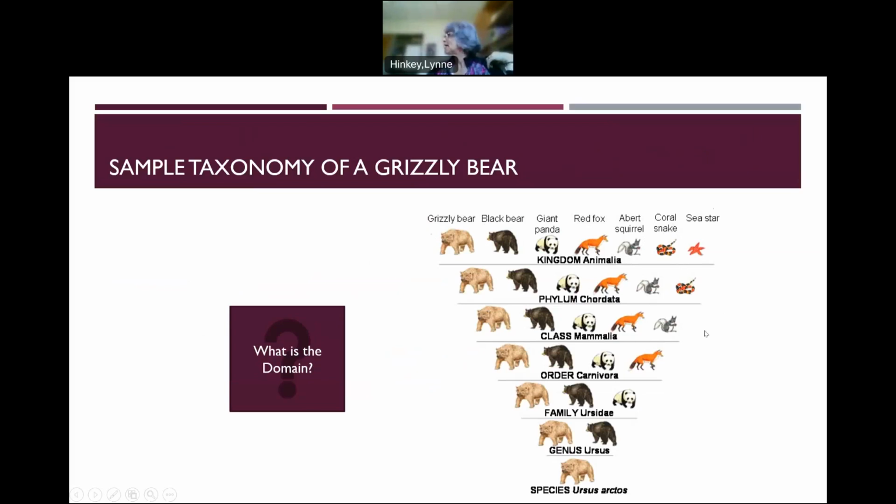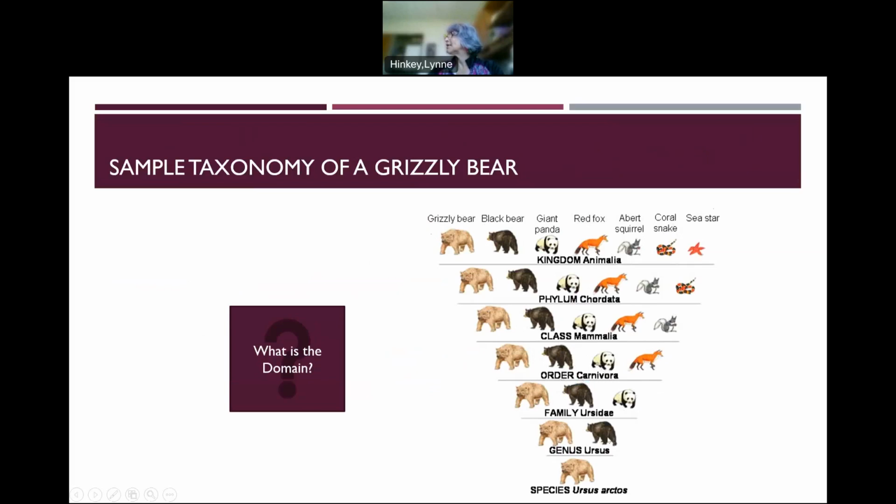Snakes don't do that, so they fall out of this category. Then, out of all of our mammals, we can identify further and get to the order level of carnivores. Now we have carnivores, organisms that eat meat. Well, squirrels do not eat meat, and so they fall out of this category. Then we get to the family level, Ursidae, the bears, and our fox falls out.